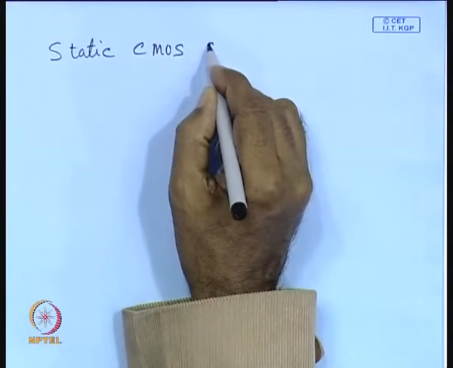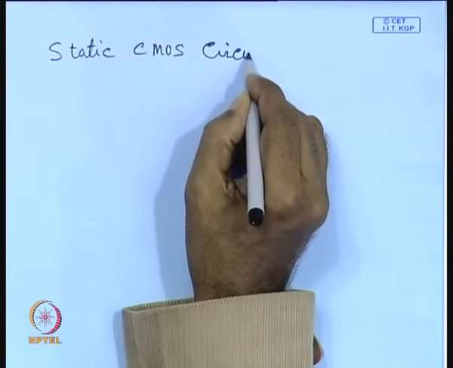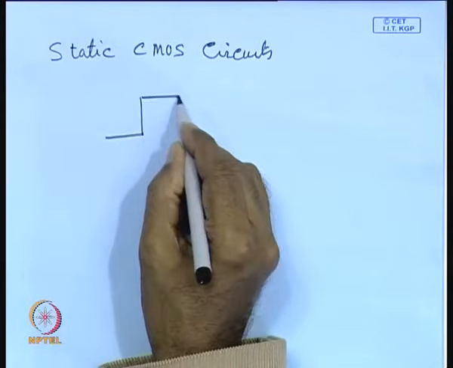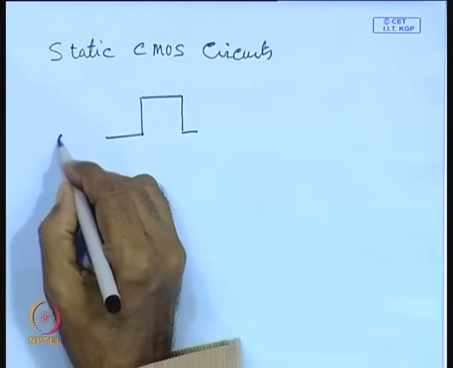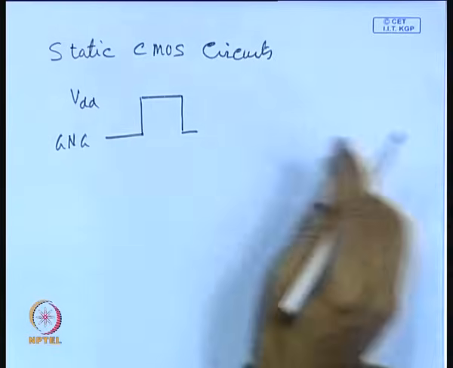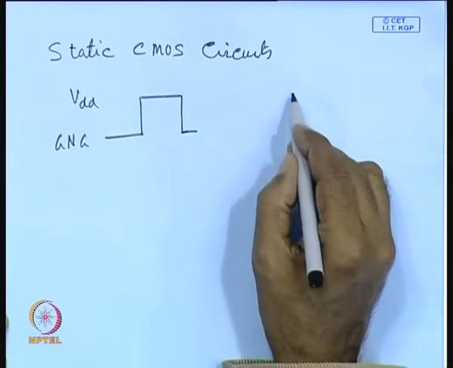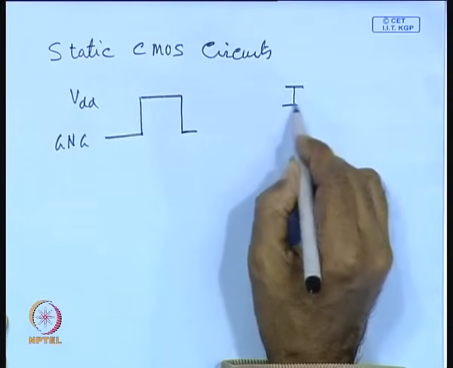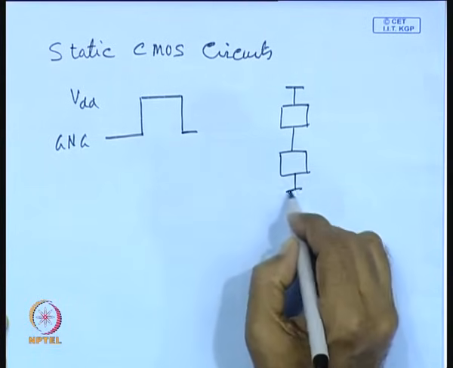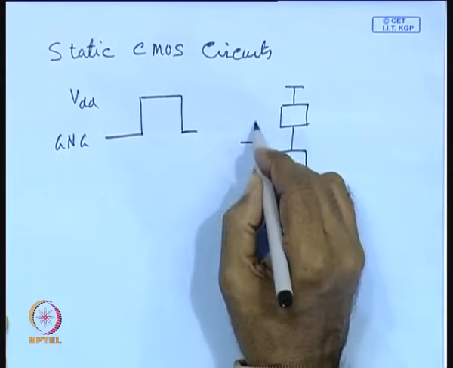And in static CMOS circuits, we have seen that there is a voltage swing between VDD and ground. So, there is a rail to rail voltage swing, and as we know, the basic implementation is done with the help of one PMOS and one NMOS logic block.